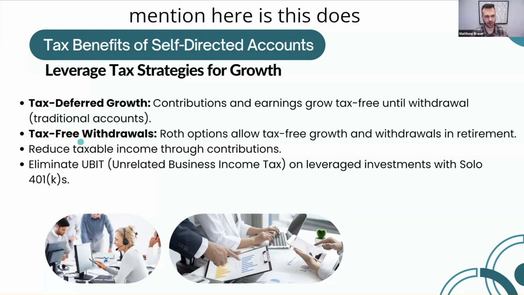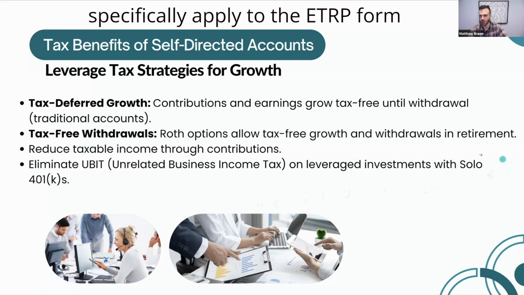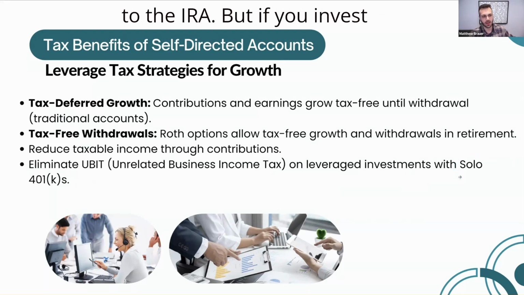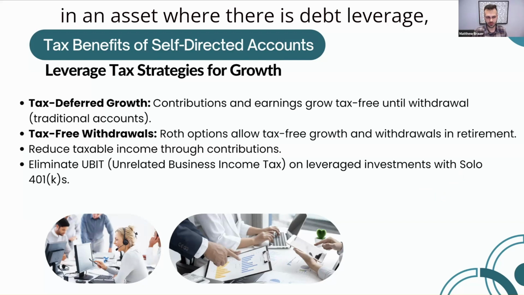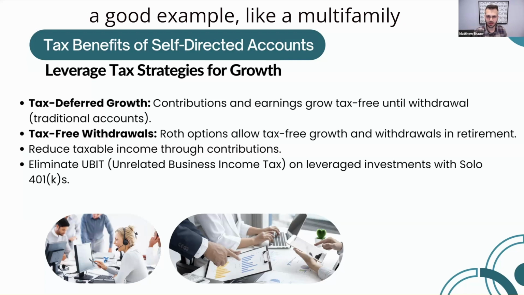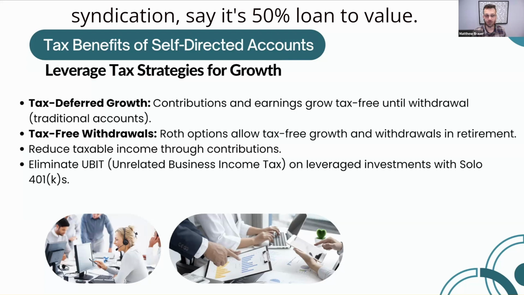Last thing I'll mention here is this does specifically apply to the EQRP 401k or the solo 401k. It does not apply to the IRA. But if you invest in an asset where there is debt leverage, multifamily is a good example, like a multifamily syndication, say the whole deal is 50% loan to value.